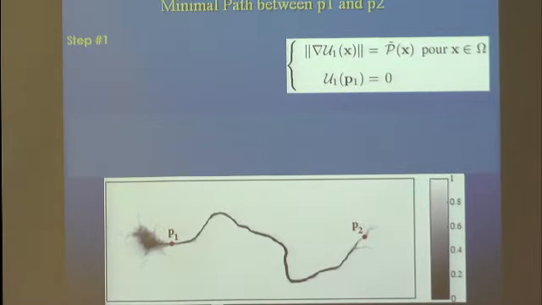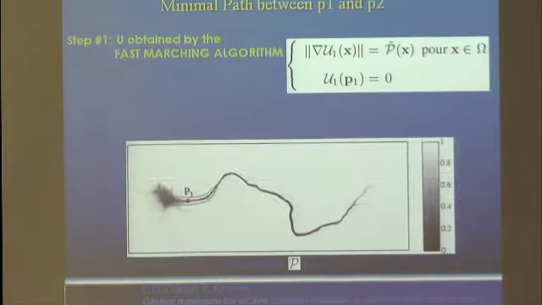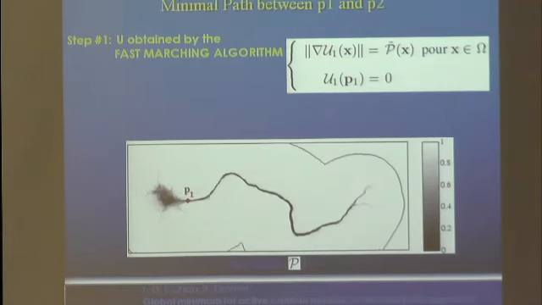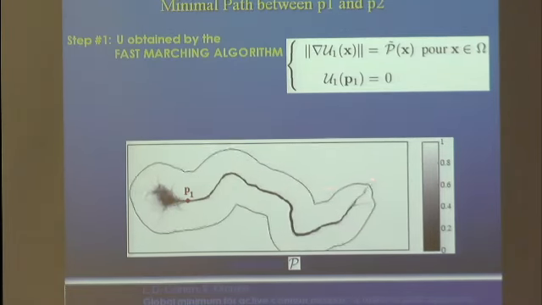So you solve norm of gradient u equals p by the fast marching method, which can be seen as a front propagation starting from the point P1 where u of P1 is equal to 0, and the fast marching method can be seen as a front that corresponds at each time here.